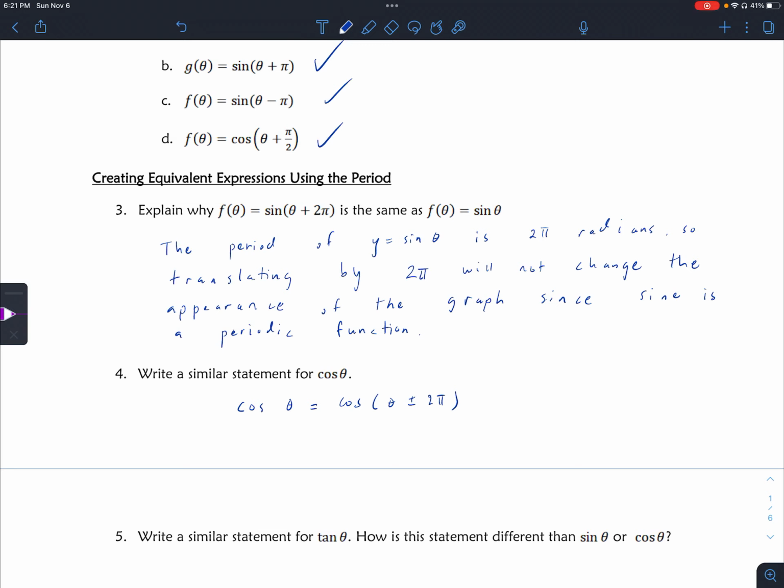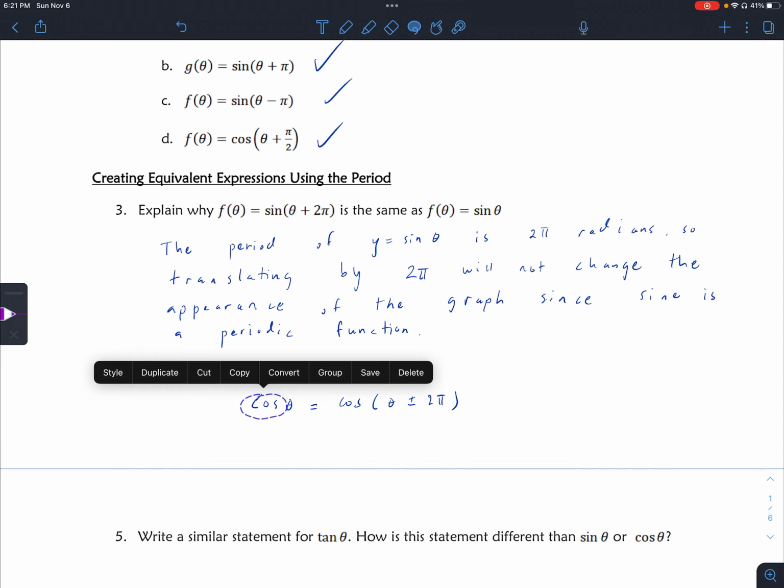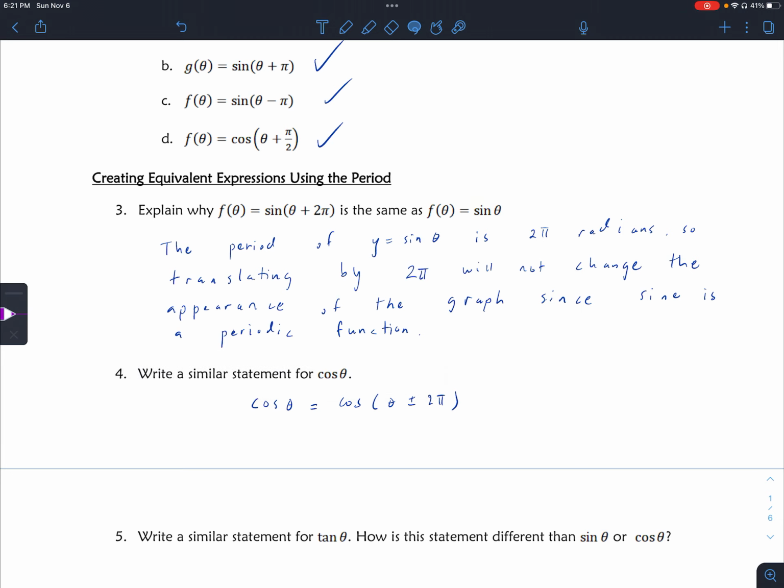We could either add 2 pi or subtract 2 pi. Since the period of cosine is 2 pi radians, that's not going to have any effect on how the graph looks. So cosine theta is equivalent to cosine of theta plus 2 pi or minus 2 pi.